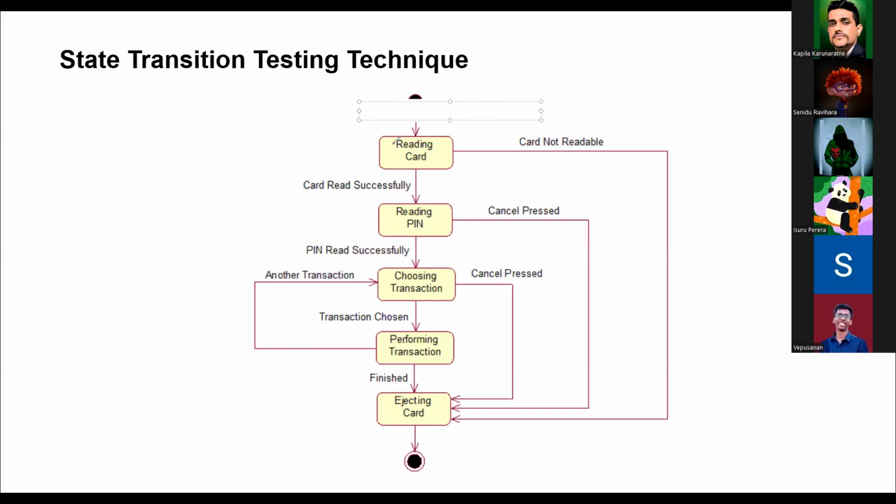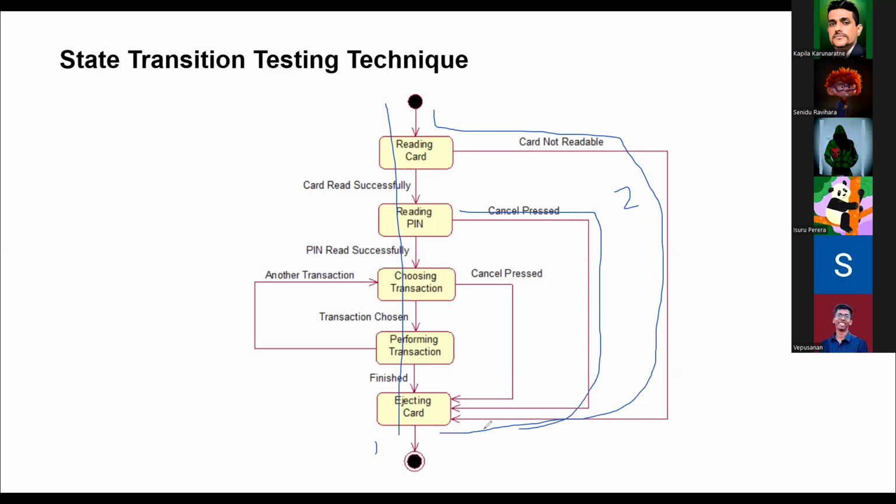Here, this is one test case, and this is another test case, 2. This is another test case, 3. This is another test case, 4. This is another test case, 5. Basically, if you can draw a diagram like this, you can find out the minimum number of test cases rather than writing thousands of test cases.